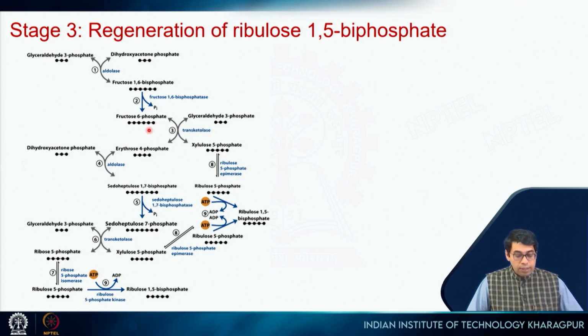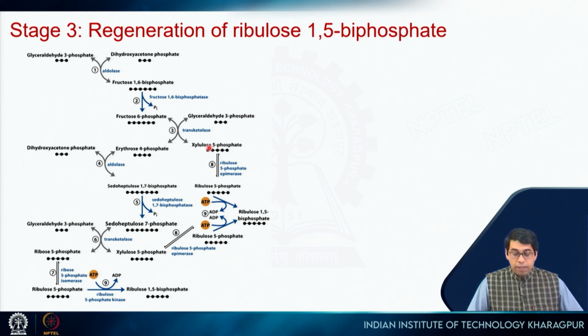Now, this 6 carbon molecule and another molecule of glyceraldehyde 3-phosphate. Remember we have 5 in our hand, this is 1, this is 2, this is the third one. These two combine, so 6 plus 3, 9, becomes 4 plus 5, 9. So, 1 molecule of erythrose 4-phosphate and 1 molecule of xylulose 5-phosphate, right.